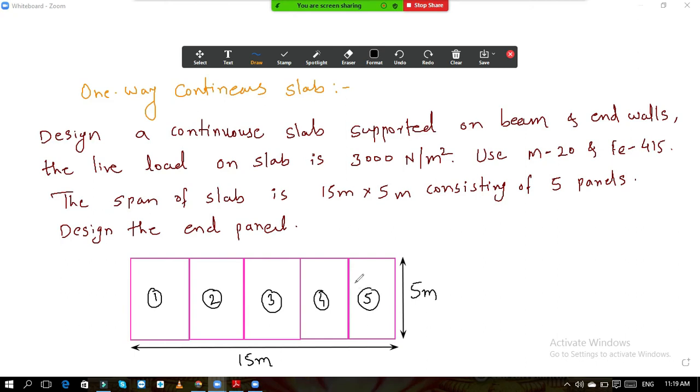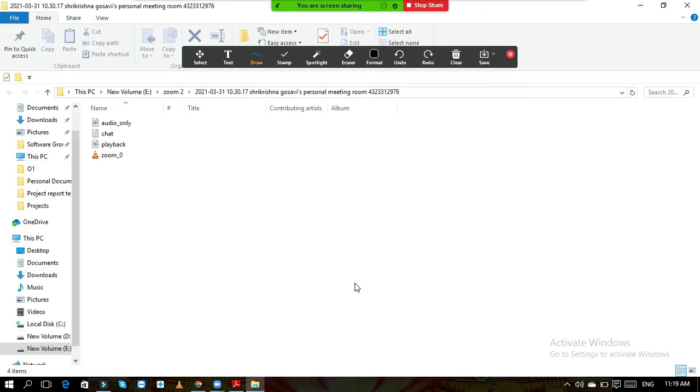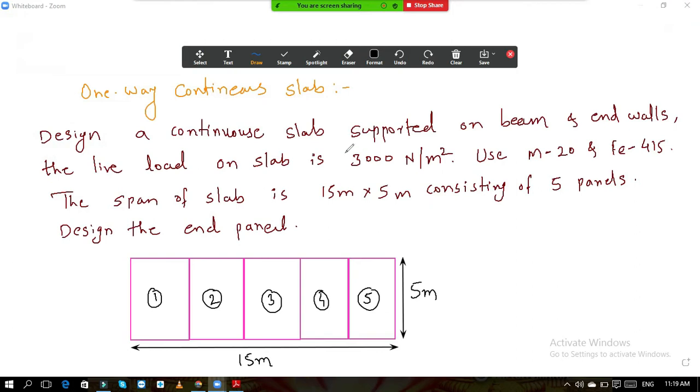Continuous slabs are there. In the problem they have not mentioned the size of each and every slab panel. Only they have told us 15 meter by 5 meter is the total span and 5 panels are there. As nothing is given, we will assume that all these panels are equal.